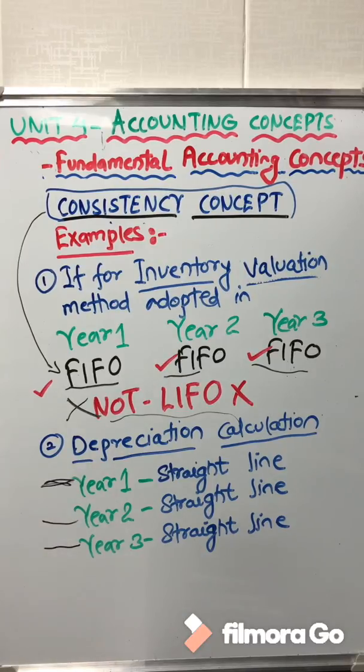If we are not consistent in choosing our accounting methods, our accounting practice, our accounting standard, then what is going to happen, as I said earlier, is that when preparing the financial reports the profits calculated would be misleading and financial analysis will be inaccurate.